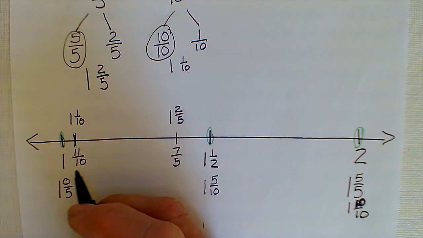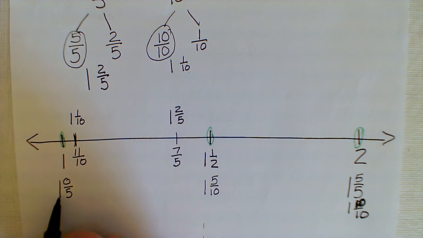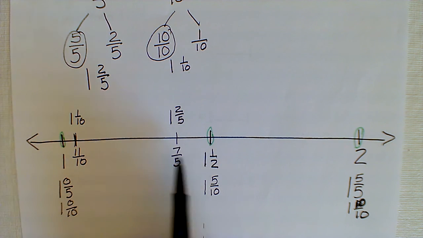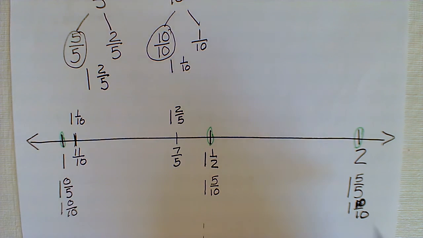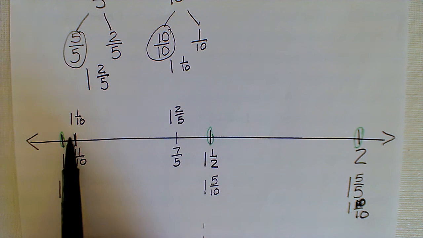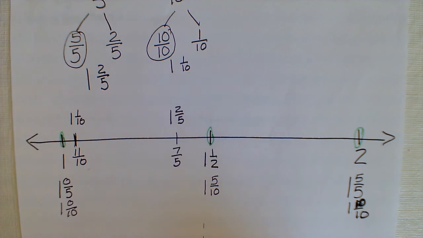I was just counting and going back to my fifths. This would be 1 and 0/10, 1 and 5/10, 1 and 10/10. So 1 and 1/10 is going to be right here. It's really close to this end of it.